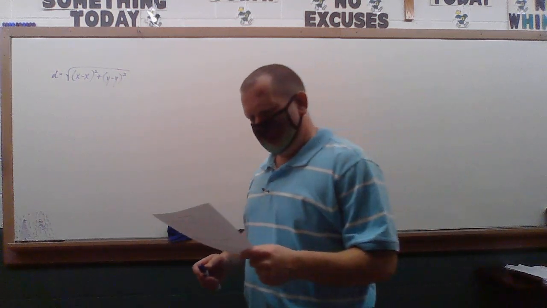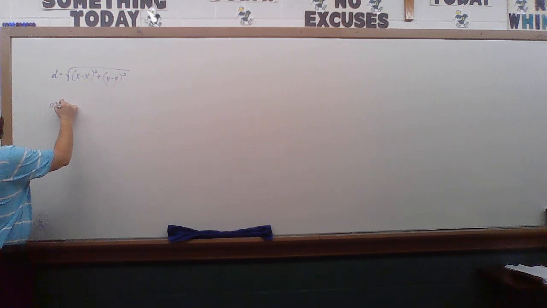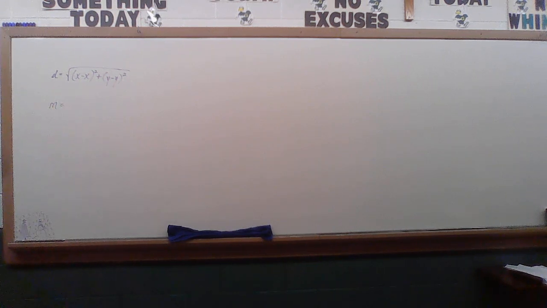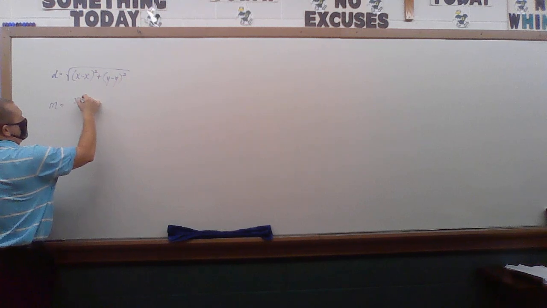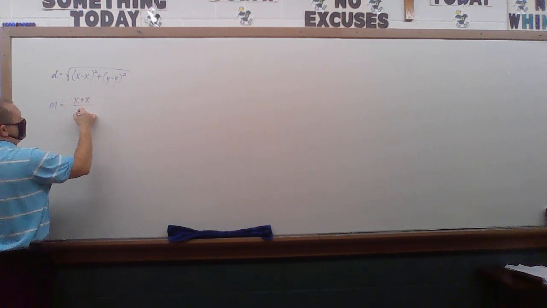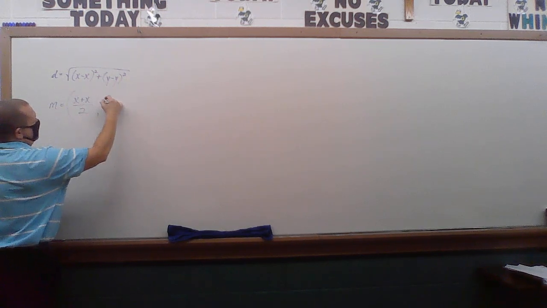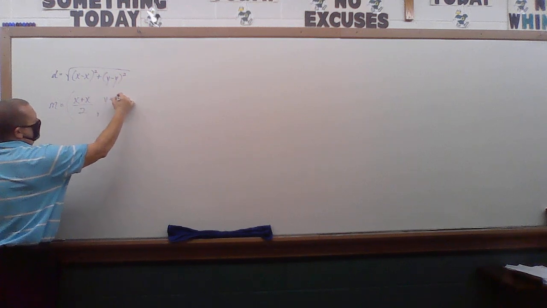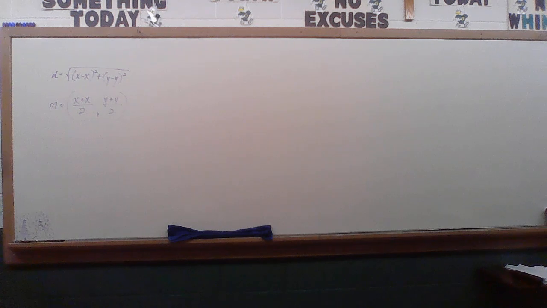Okay? Midpoint of any segment or through any given endpoints. What was the formula for a midpoint? X1 plus X2 divided by 2. Now we're going to take basically the average, right? And what's the most important part of this one? That it is a point.